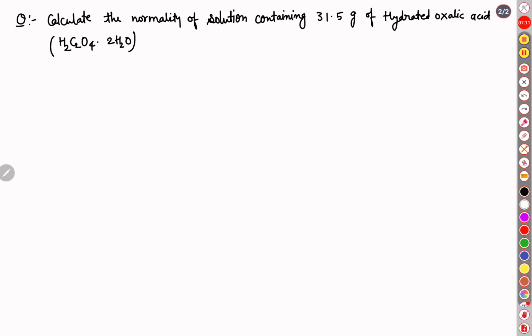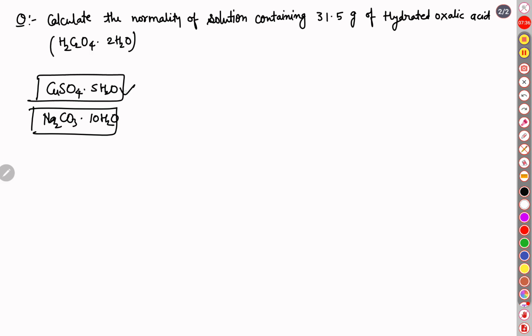Because of hydrated. If hydrated copper sulfate, then CuSO4·5H2O. Sodium carbonate decahydrate, then Na2CO3·10H2O. These all are hydrated forms. If a hydrated form is given, then H2O is added with them.